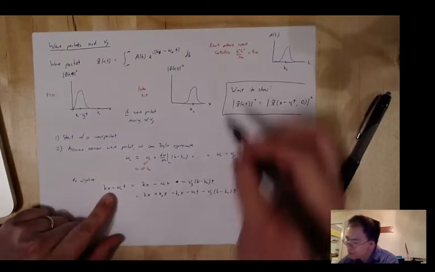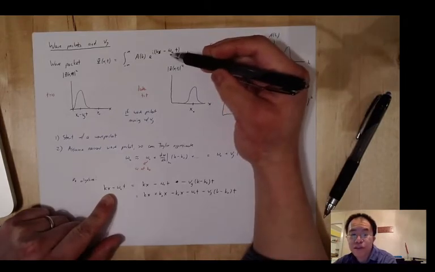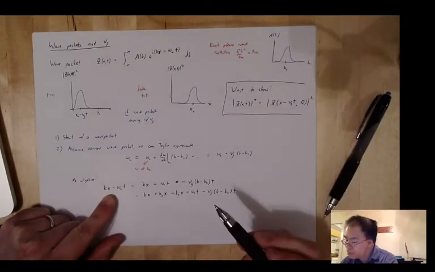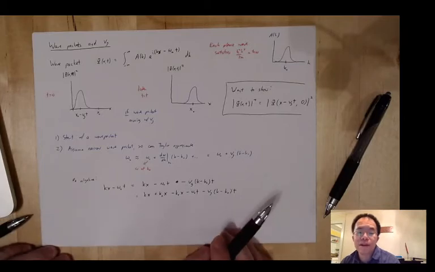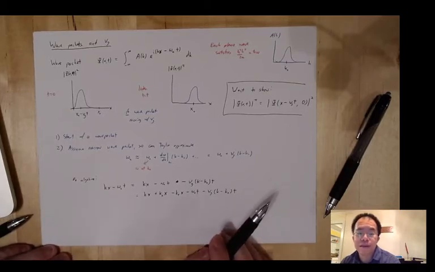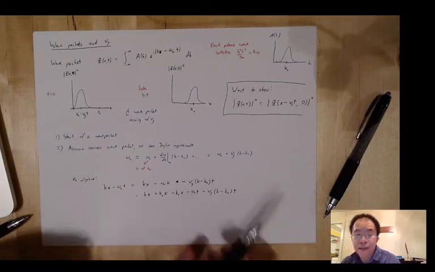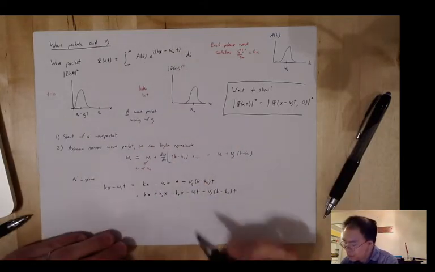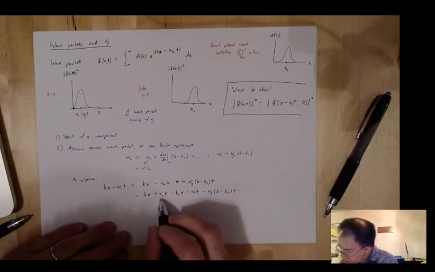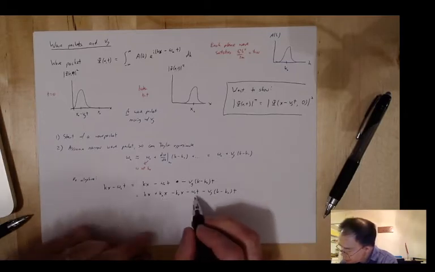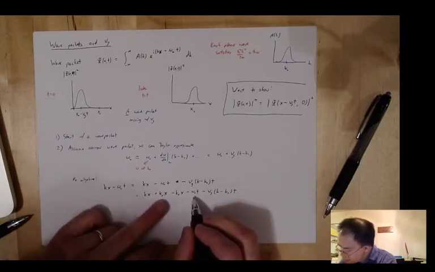This is ultimately going to go in this exponential up here, and I'm going to try to separate out anything that doesn't depend explicitly on k, so that it can be pulled out of the integral. This term doesn't depend on k, nor does this term.